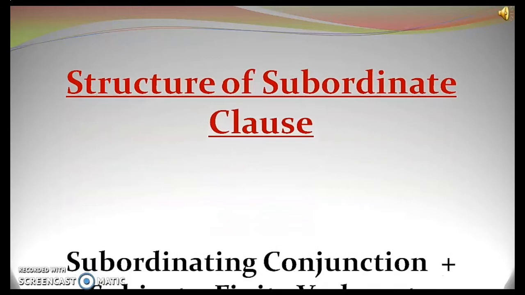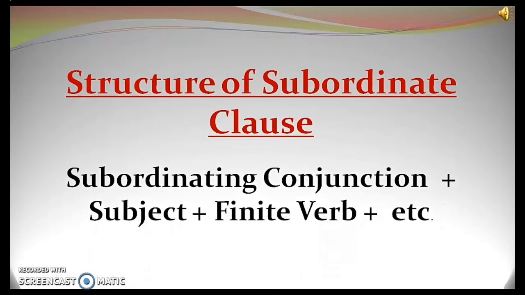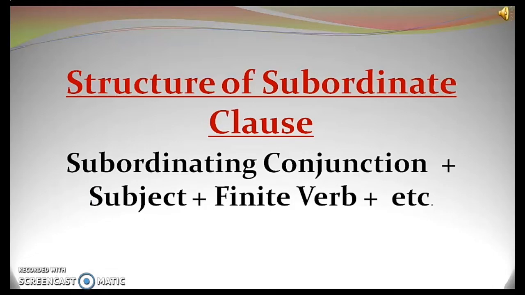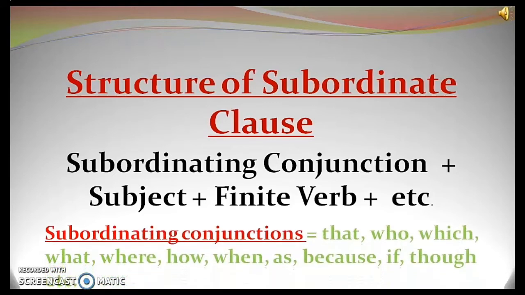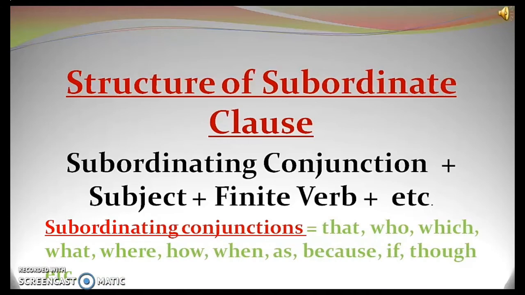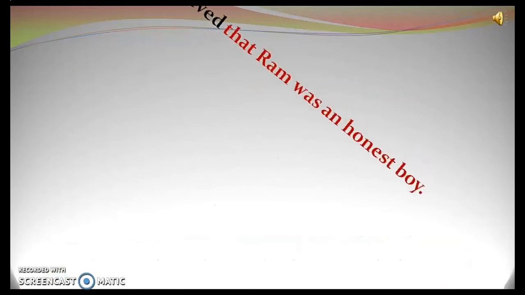Structure of subordinate clause: at first you have to use a subordinating conjunction plus subject plus finite verb plus etc. Subordinating conjunctions are that, who, which, what, where, how, when, as, because, if, though, etc.